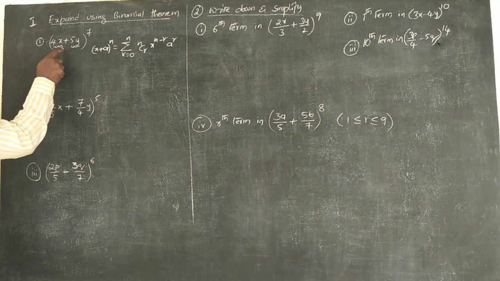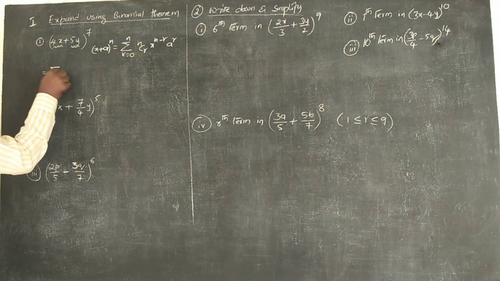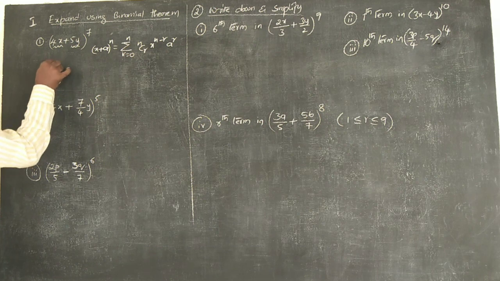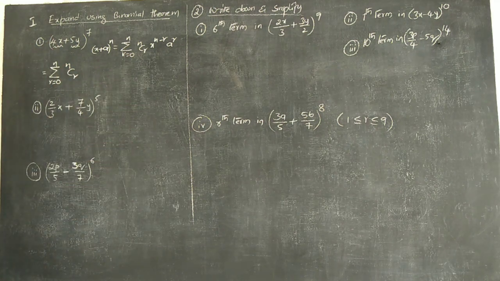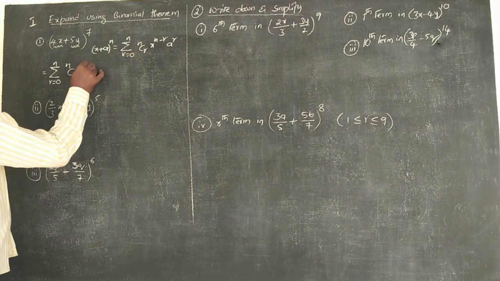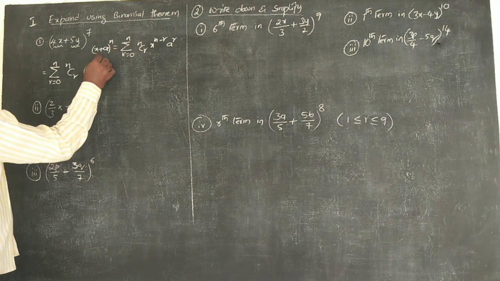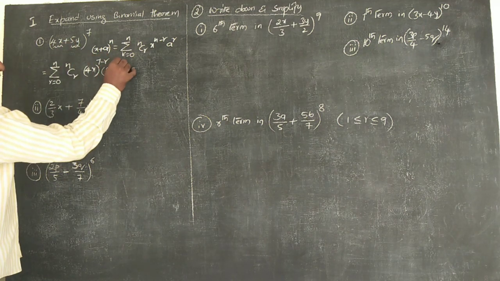So this expansion can be written as sigma r equals 0 to n, nCr, where x is nothing but 4x, whole to the power of n minus r, that is 7 minus r, and a to the power of r is (5y) whole to the power of r.